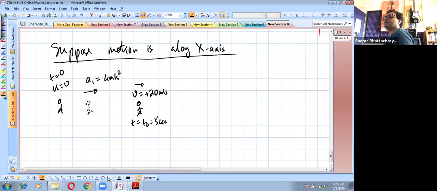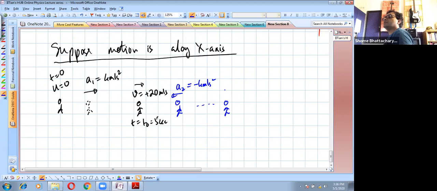Now thereafter, the second part of his motion starts. I am showing the second part with a different color. The second part of his motion is decelerated. He has an acceleration of minus 4 meters per second square, so his velocity starts to decrease.